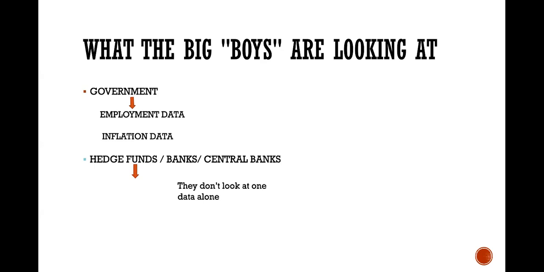Like in the US now, the Democrats are ruling, so they might want some monetary policies to favor what they are doing. If at the end of Joe Biden's term we have more people unemployed, that's bad for his government.